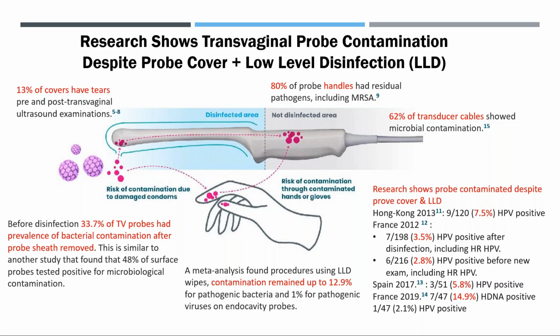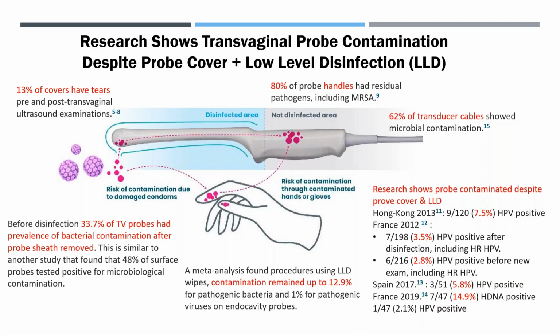And again, this can either be through a damaged sheath or by contamination as the sheath is being removed. 80% of probe handles have residual pathogens, including MRSA, and even further, more proximal, 62% of transducer cables showed microbial contamination.